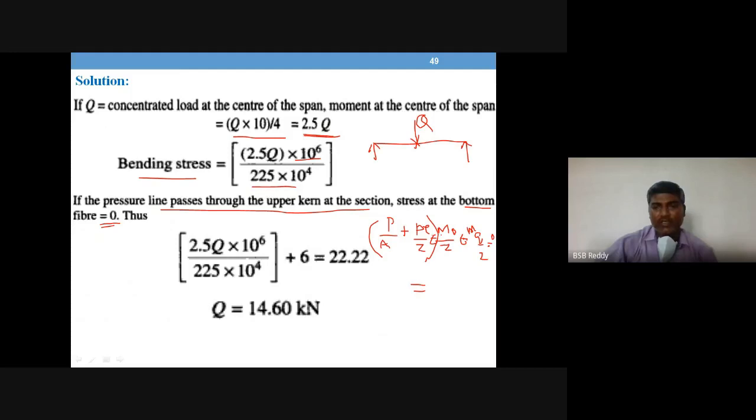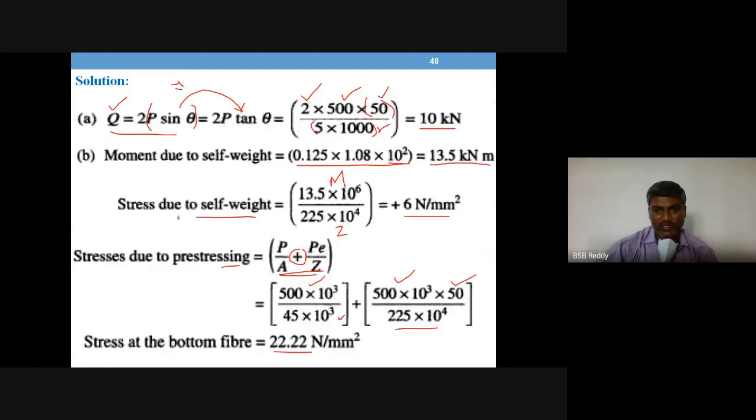So that is equal to Mg by Z plus Mq by Z. Left hand side you have Mq by Z, which is this value, and Mg by Z is already there.